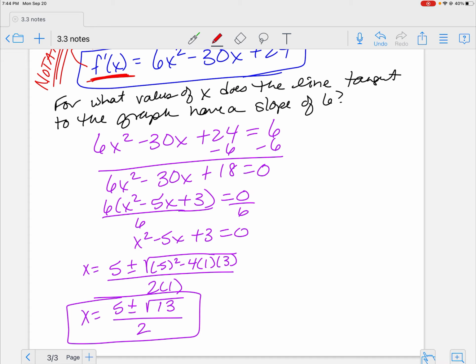If you can't factor, just do the quadratic formula. I'm going to write it here just to make sure: plus or minus the square root of b squared minus 4ac all over 2a. In case you forgot that, I'll put it right there just so you can have it in your notes. All right, cool. The derivative has tons of ways you can do it. Enjoy that. Enjoy it a lot.